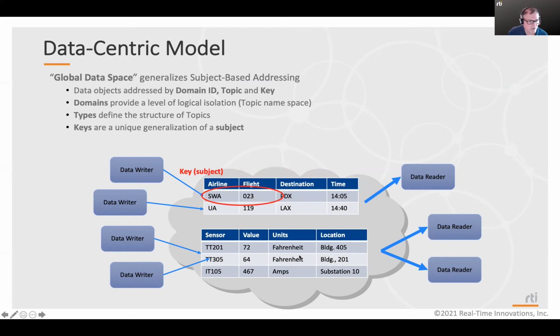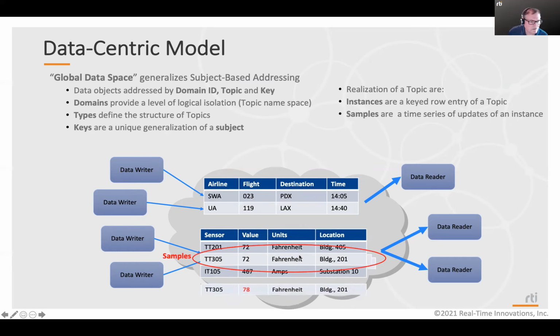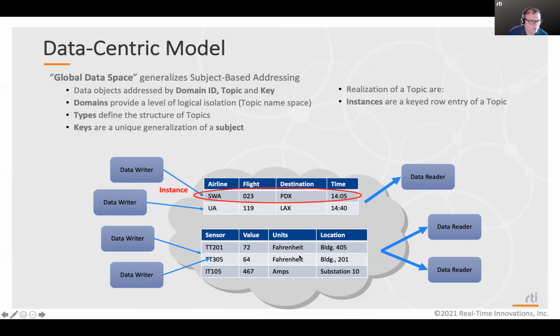And each instance is keyed by some unique identifier. Each instance is basically a row within a table that's described as a type. And then in each row, we have samples. So in case of any of the airlines here, we're showing a sensor.